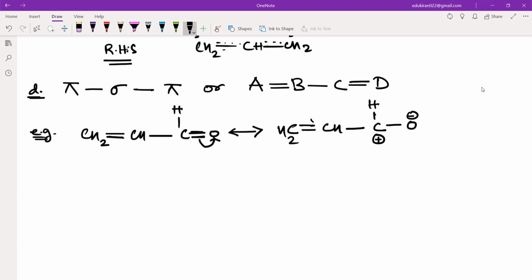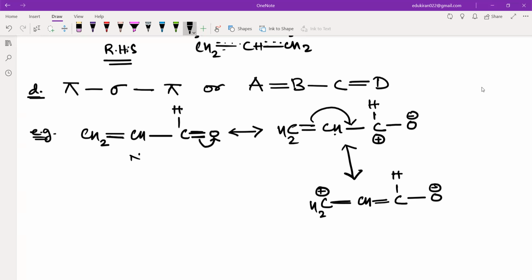Now you can see this bond will move here because it is A double bond B, single bond C, and C has a positive charge. So here you'll be making CH2 single bond, CH double bond C, single bond O negative. There is a hydrogen here, and here you'll be getting a positive charge.